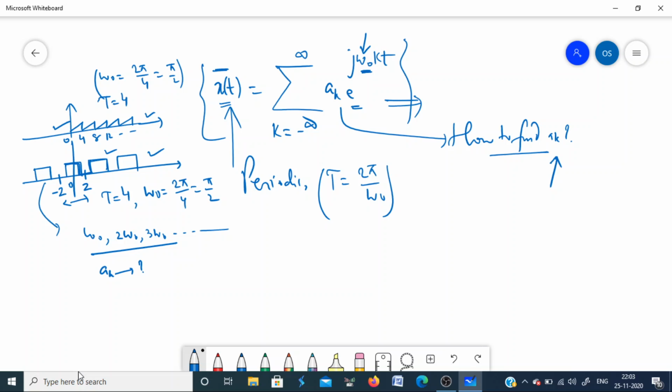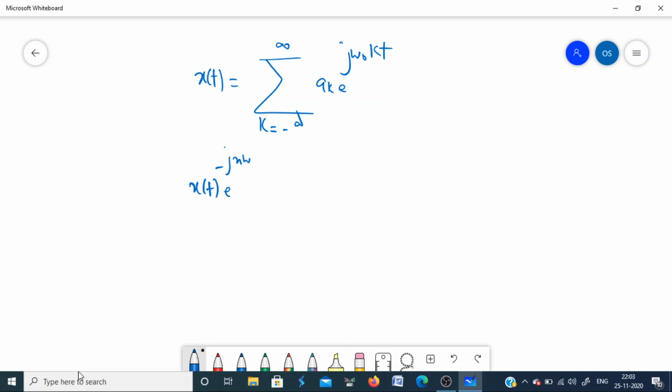So how to find this Fourier series coefficient? We start from this equation: x(t) is equal to summation of a_k e raised to power j omega naught k t. We multiply both sides of this equation with e raised to power minus j n omega naught t first.